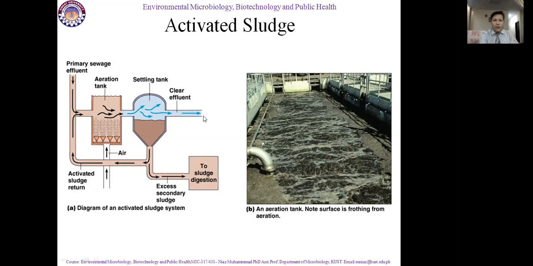From this settling tank, clear water is transferred to another tank, and all materials which were suspended and not decomposed are going to settle down and be carried to the sludge digester, where these organic materials will be decomposed anaerobically. So in physical parameters, it is like this.